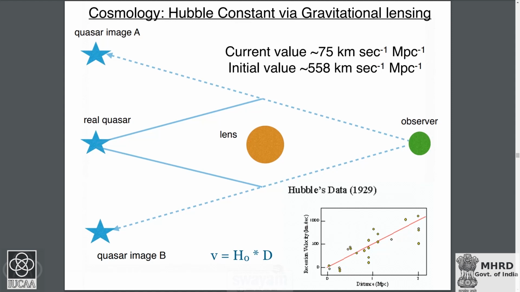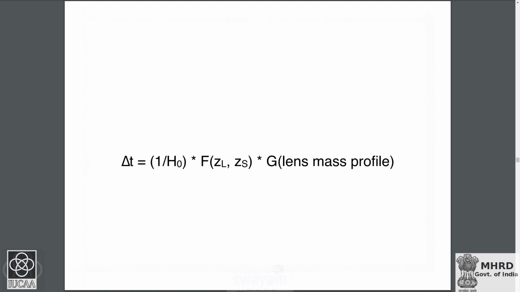Therefore, if you monitor this quasar for a long duration of time, you measure what is called the time difference. Once you know the time difference, it is related to the Hubble constant by the following relation: delta t is nothing but 1 by H naught. It also depends on the lensing galaxy. So, if you are able to model the lensing galaxy properly, we will be able to measure what is called the Hubble constant.